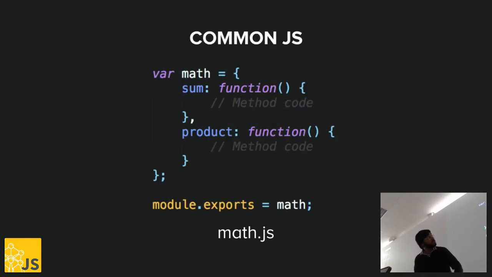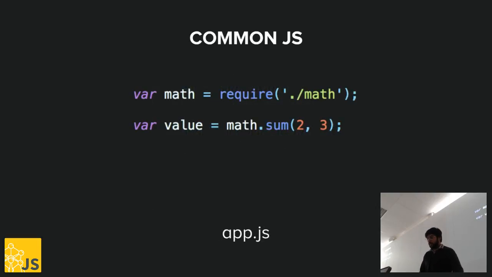Again, we have CommonJS. How many people have written Node code before? This might look familiar. CommonJS specifies a module.exports object, which defines the variable you want to export as a module. In this case, it's again the math module with the sum and product methods exposed as an API, and using it is very, very easy.